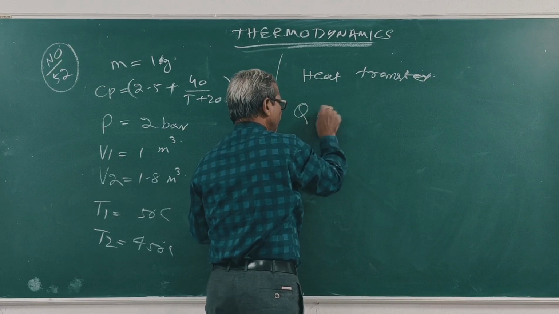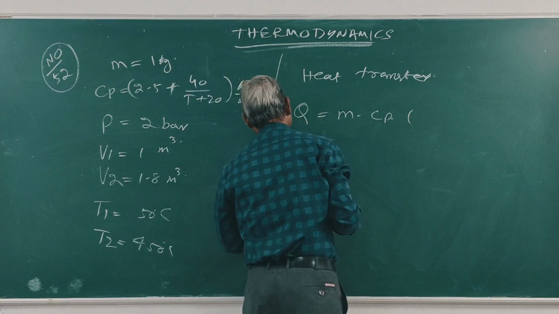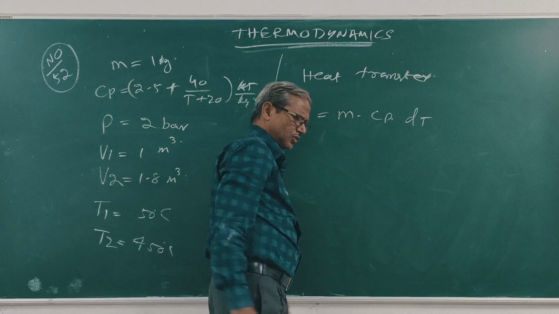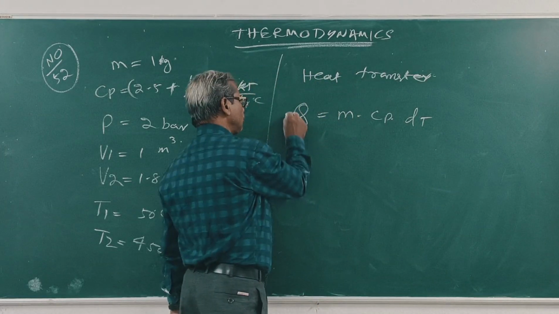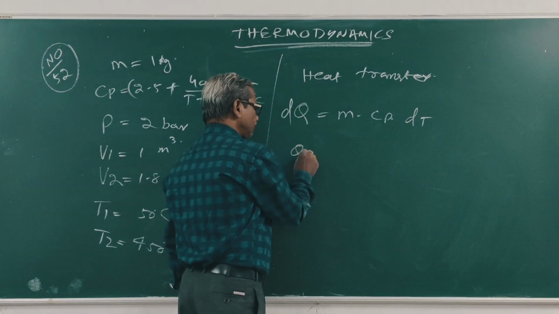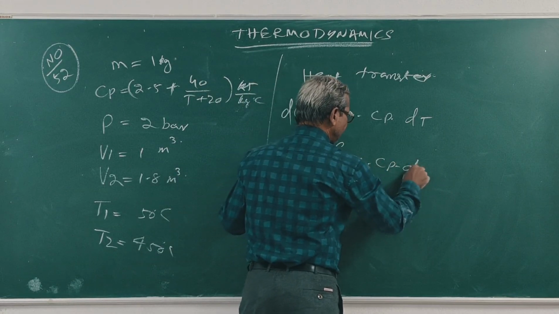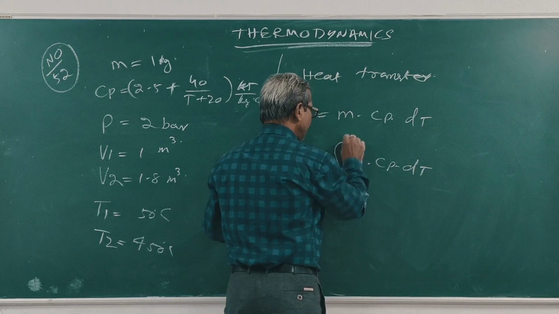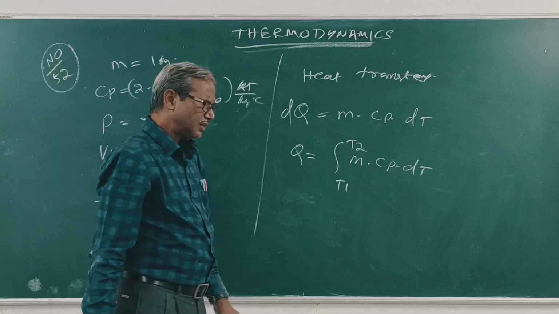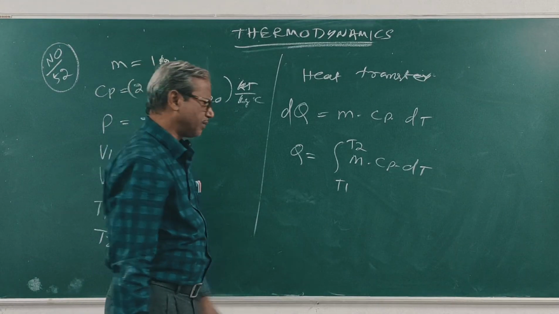Q is equal to M Cp dT, or dQ is equal to M Cp dT. What is Q equal to? Integration of M Cp dT, limit T1 to T2. In this integration, T1 means 50, T2 means 450.